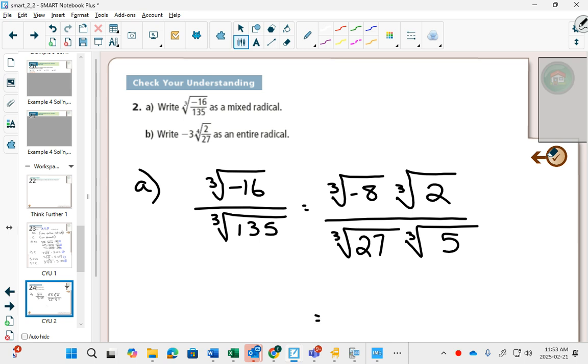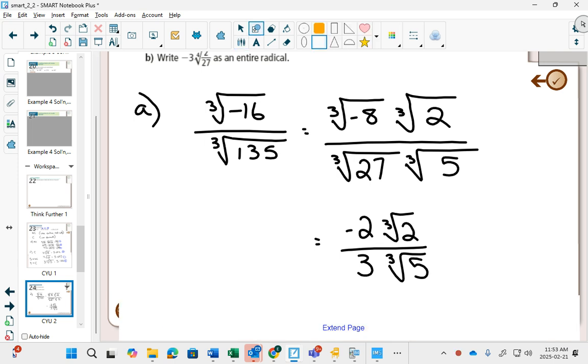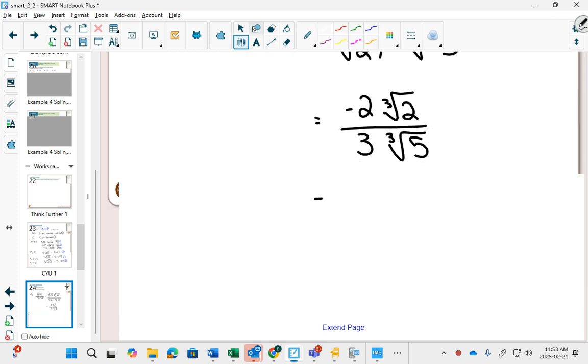Now I can take this and I can say, well, the cube root of negative 8, that's actually negative 2. And I'm left with the cube root of 2. And on the bottom, the cube root of 27, that's actually 3. And I'm still left with the cube root of 5. So I broke it up, and now I can put it back together.